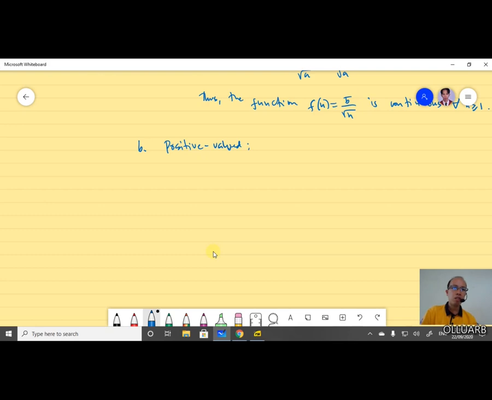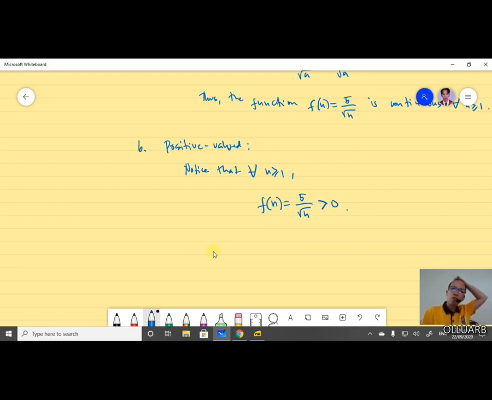Notice that for all n greater than or equal to 1, f of n, which is equal to 5 over square root of n, is always greater than 0.